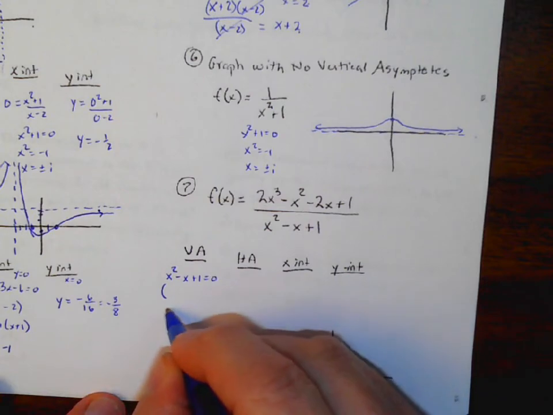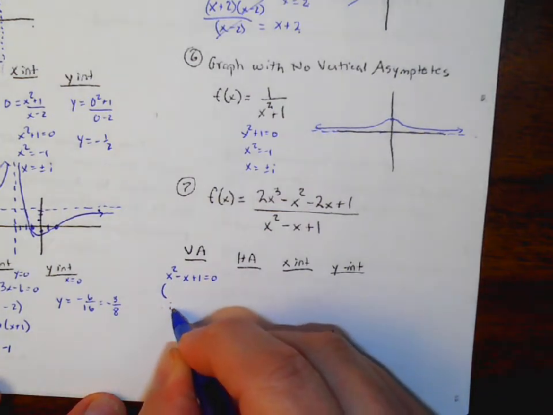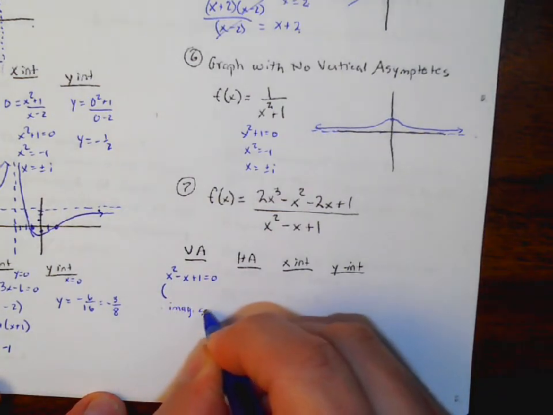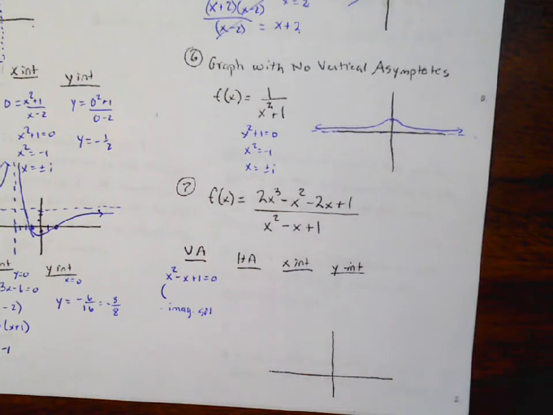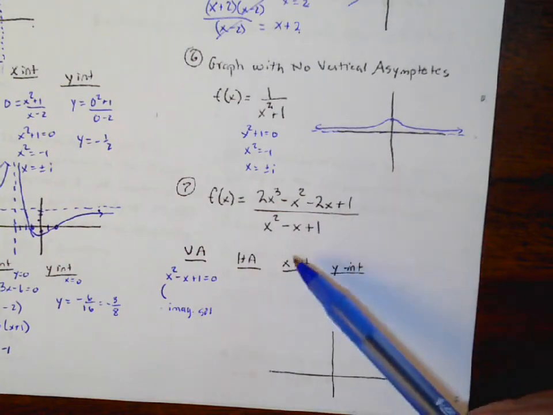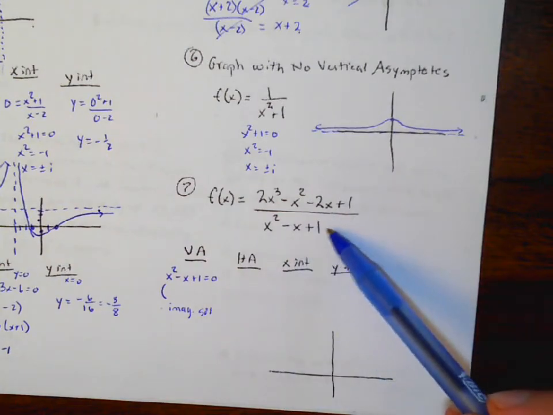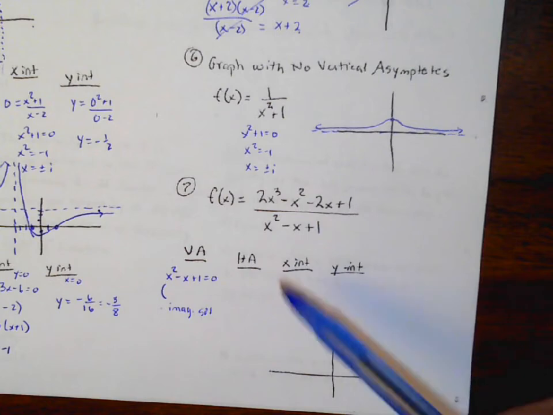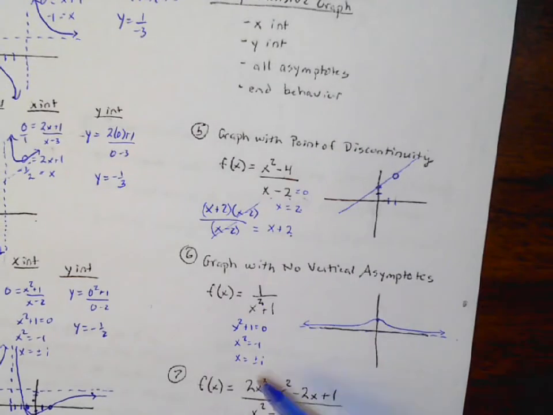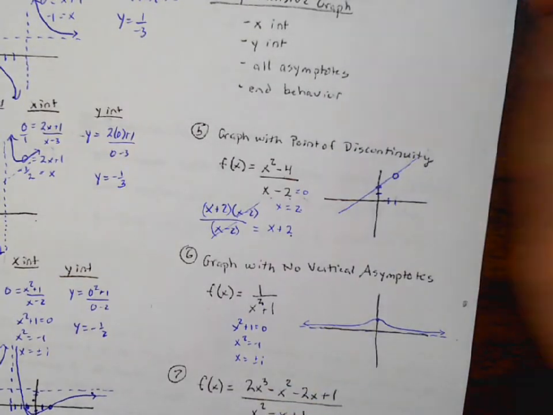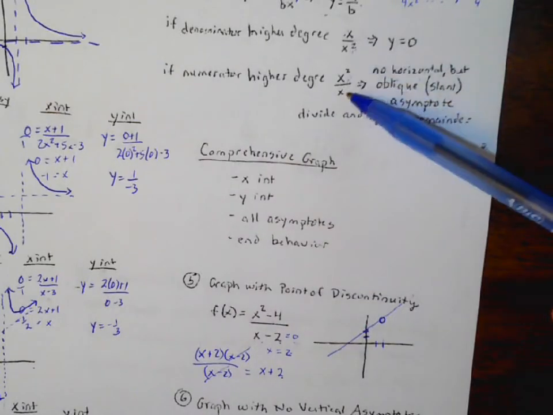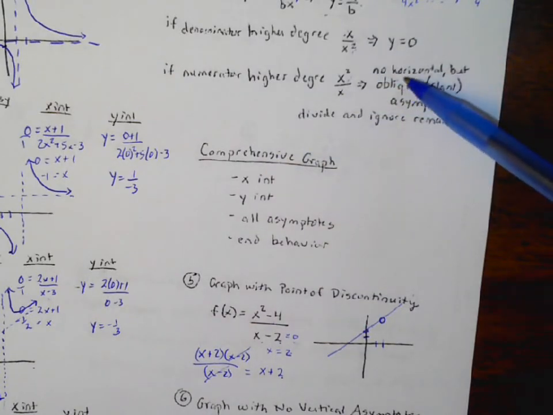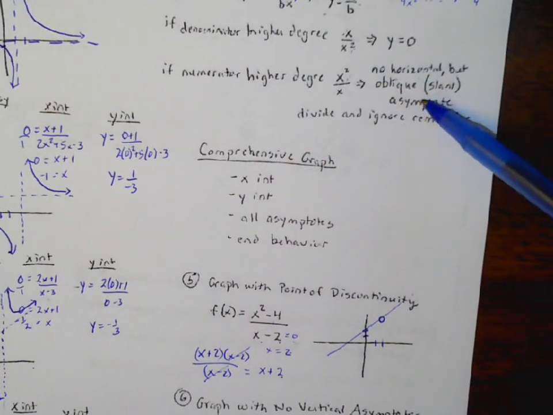If I try to use the quadratic formula, there are imaginary solutions. So there really are no vertical asymptotes. There's no real number that I can put in here for x for it to be equal to 0. For the horizontal, notice the degree is bigger on the top than the bottom. When there's a bigger degree on the top, we know there's no horizontal, but there might be an oblique, so we have to divide it.